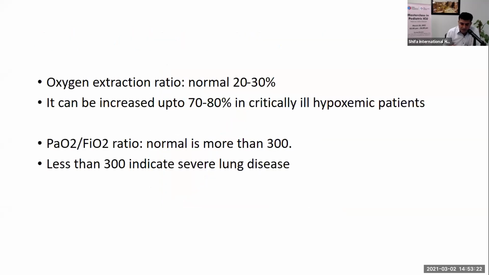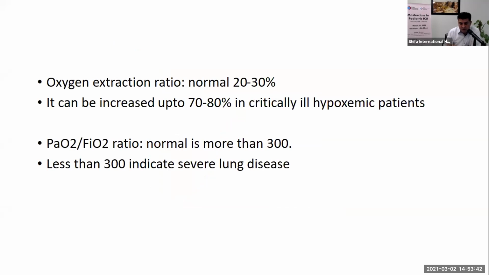The other concept is oxygen extraction ratio. As we know, normally our oxygen saturation in the arterial blood gas is nearly 95%, and in the venous blood gas it is around 70 to 75%. So that would mean that 20 to 30% of the oxygen is extracted in normal conditions.